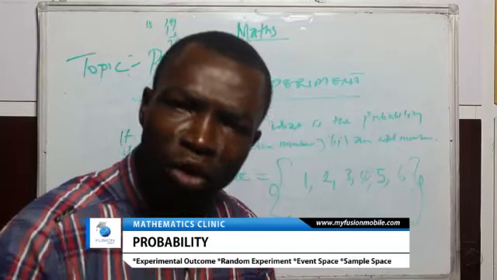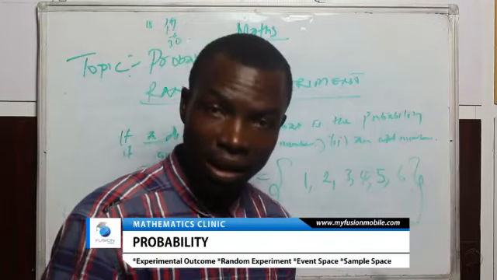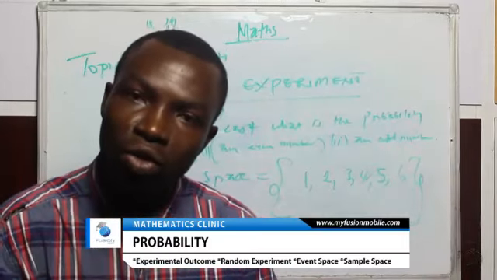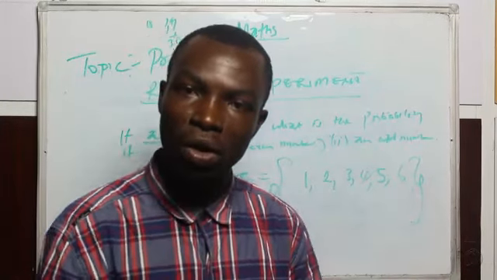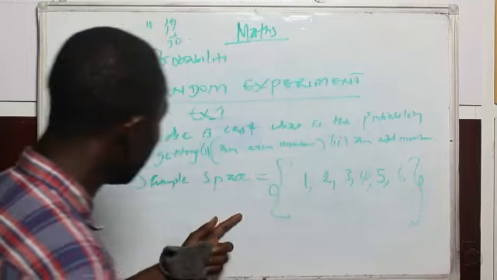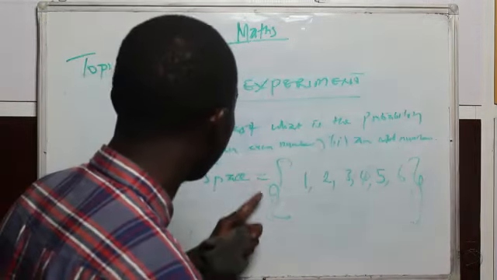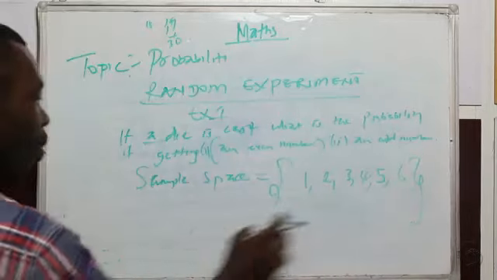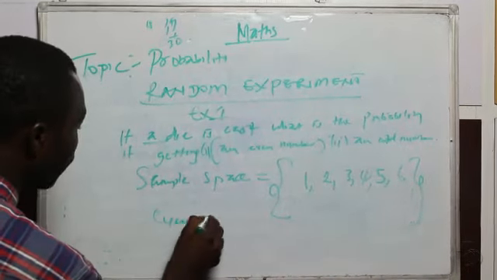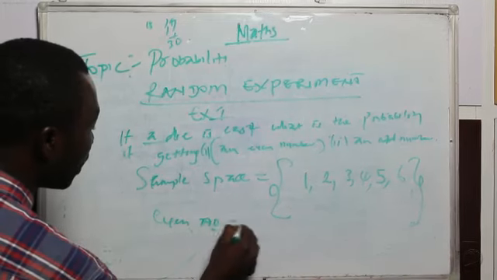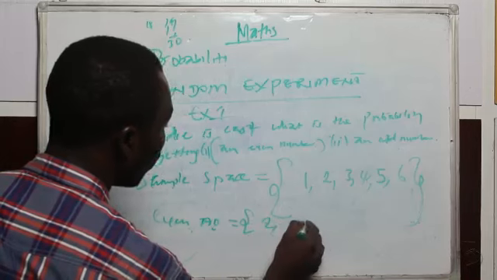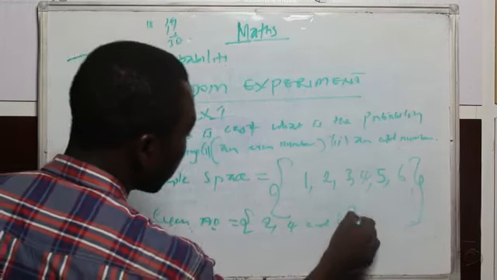Now, the required outcome is what the question is asking us. You can see we define experimental outcome as the number of required outcomes over the number of possible outcomes. It's very simple. So let us calculate this answer. What is the probability of us getting an even number? The even numbers in this aspect are 2, 4, and 6.